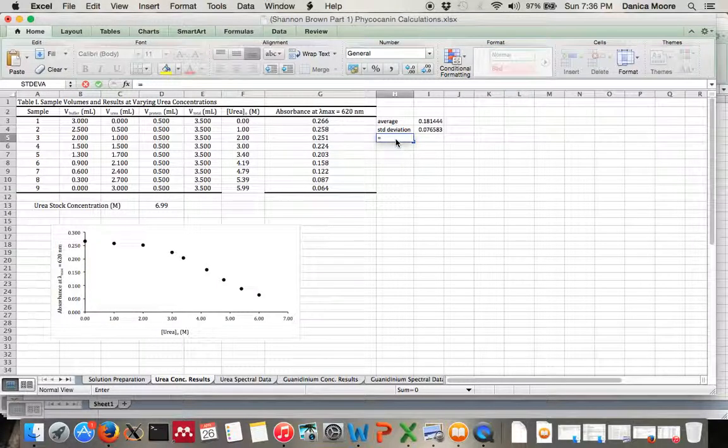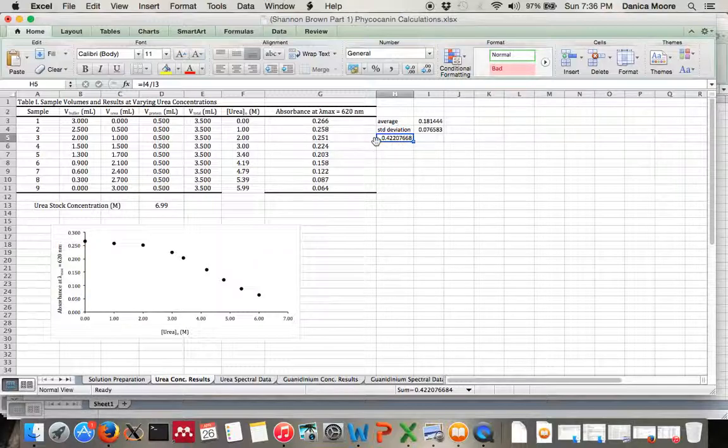Now if we take this number, the standard deviation, and we divide it by the average, we can get the percent difference. This is essentially a measure of the spread of our data. How far away are each one of these points from the average? And in this case, we're looking at an increasing trend, so we don't expect this number to be very small.